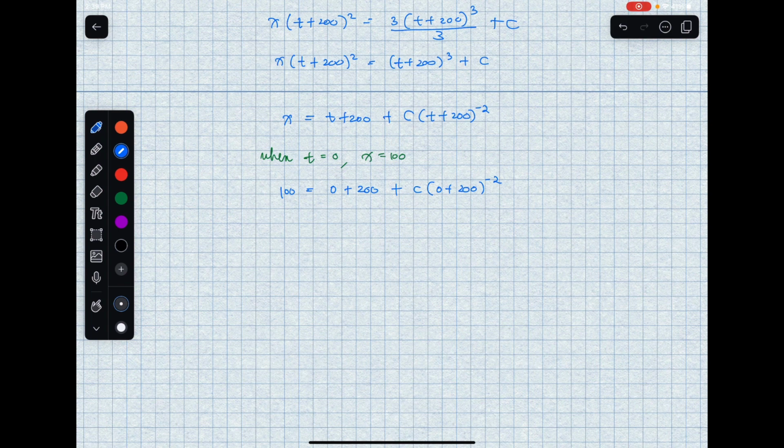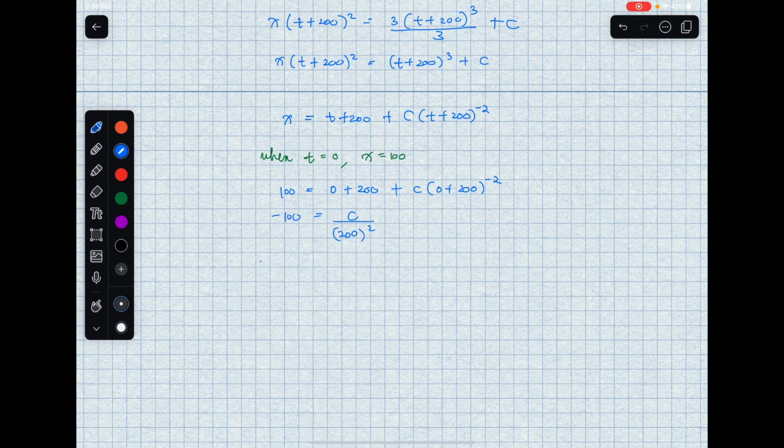So 100 minus 200 is negative 100, equal to c over 200 squared. 200 squared is 40,000 times 100, which is 4 million.